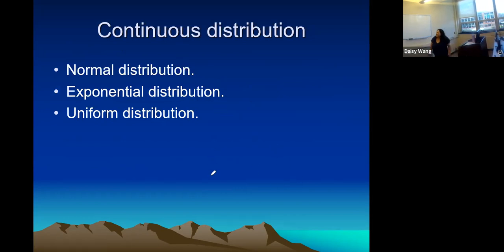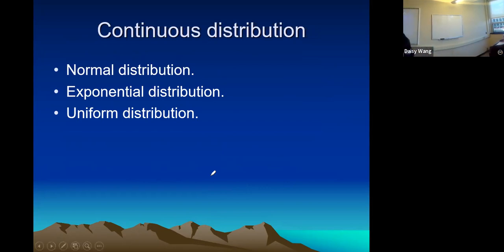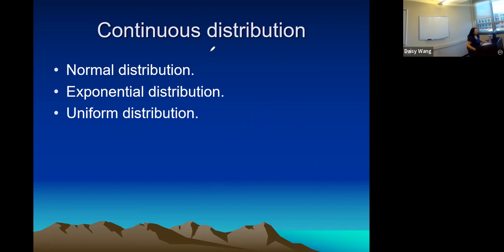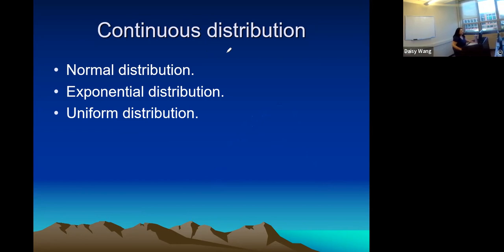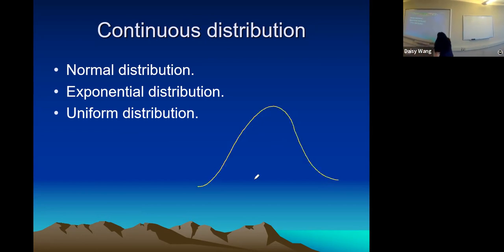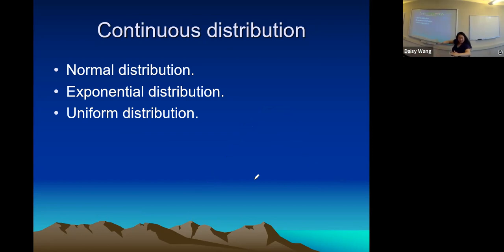Oh, that did. Let's try this one. Oh, it's only blue. Then change it to... Oh, yeah, so this is the normal distribution, bell shape, okay?